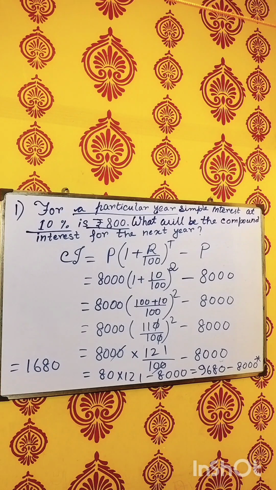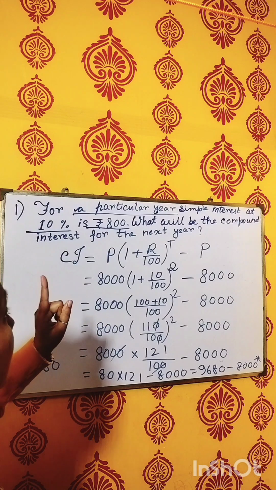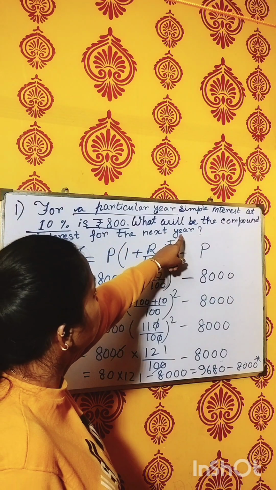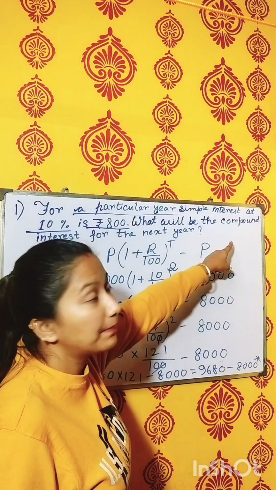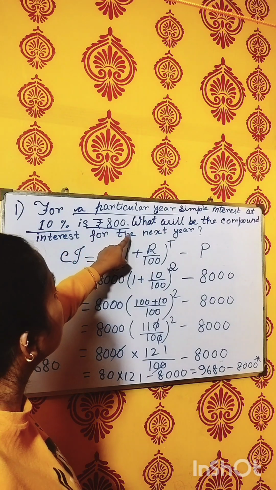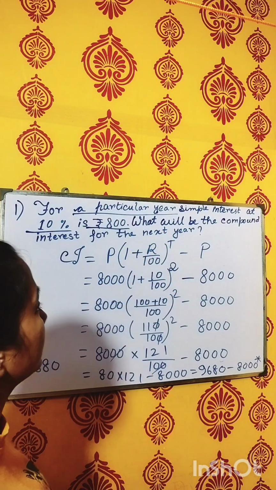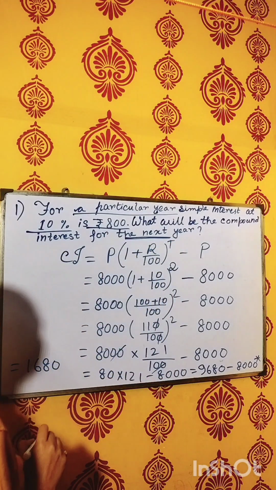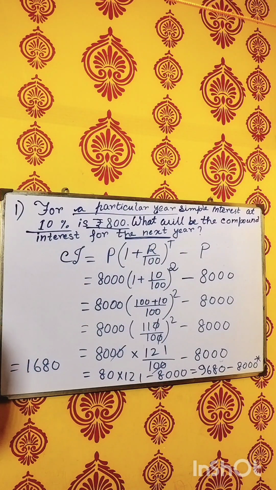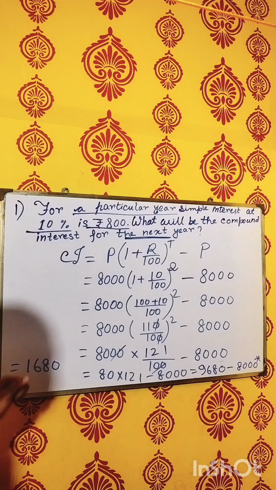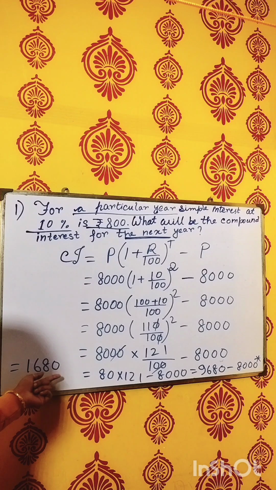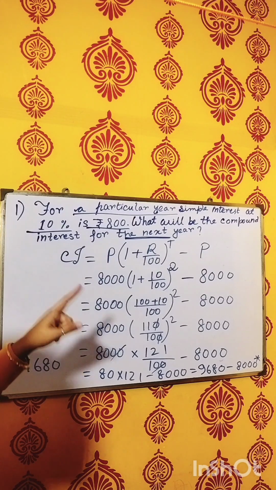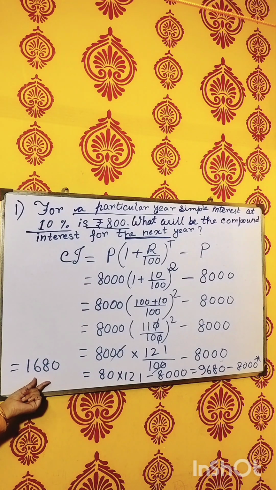Therefore, the compound interest for 2 years will be 1680 rupees. But we have to notice that here they have said what will be the compound interest for the next year. That means for the first year, as simple interest is equal to compound interest, we have to subtract the compound interest of the first year from that money.